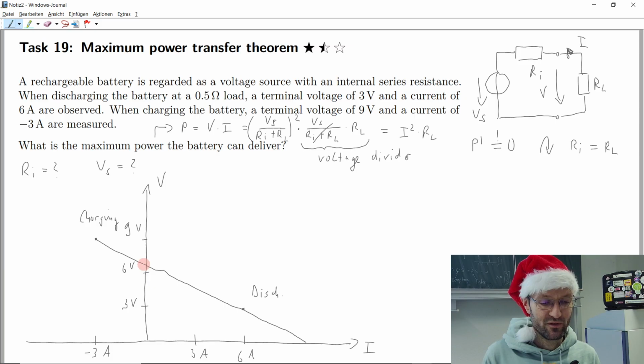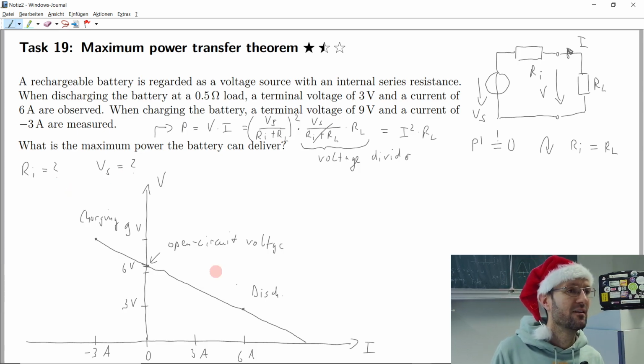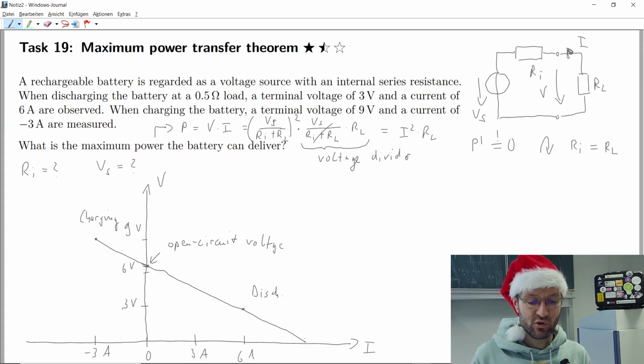The source voltage should be this junction point here when we have 0 current. This should be our open circuit voltage. And how can we get the inner resistance? Say again? Short circuit. Yeah, so we could calculate the short circuit point here.